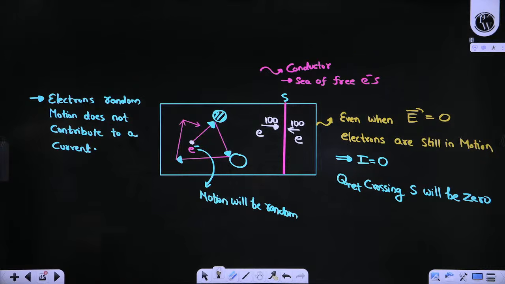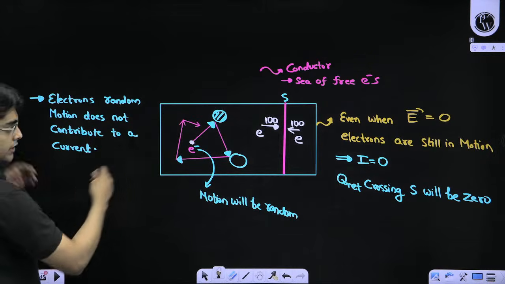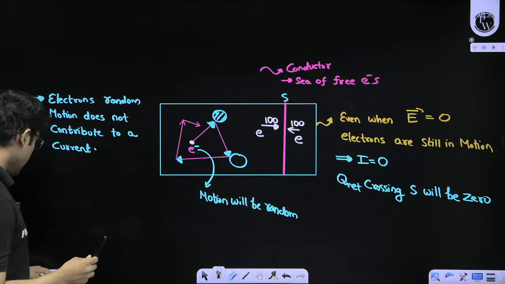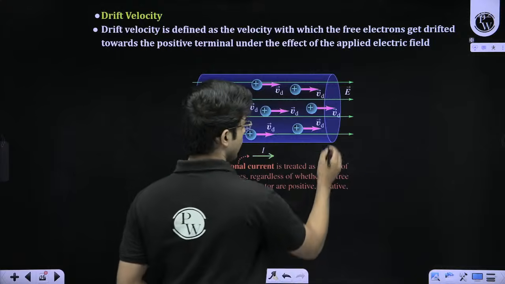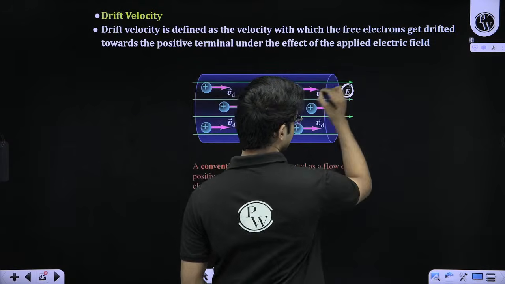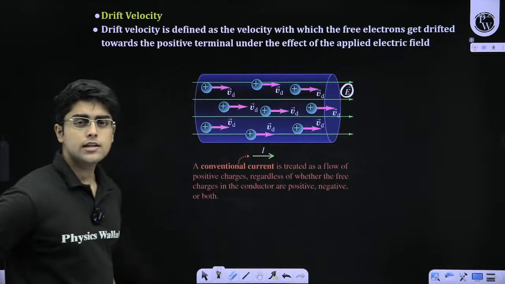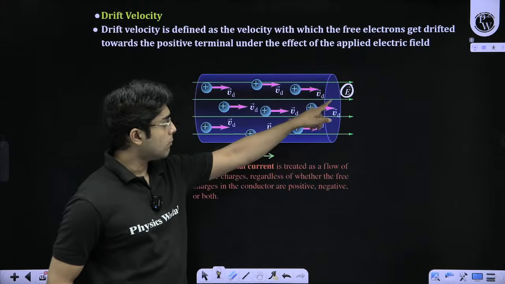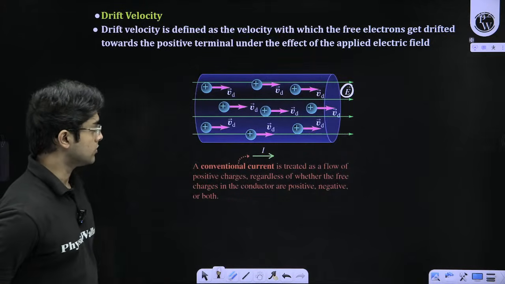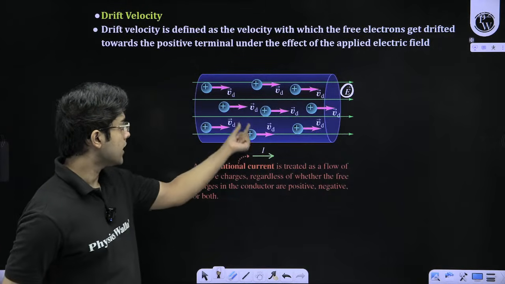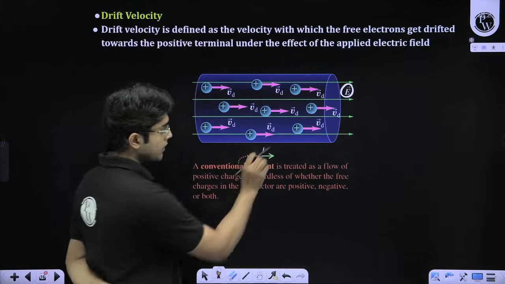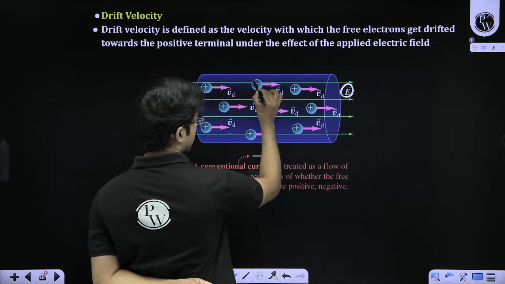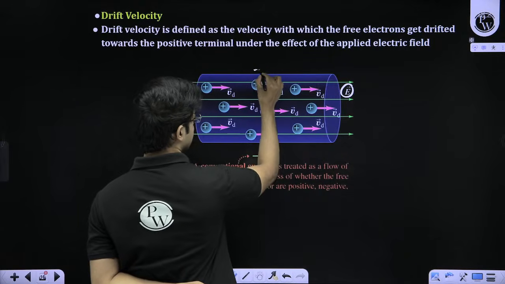Okay, so how do we create a current now, right? The answer is, we will apply an electric field. And what does an electric field do? An electric field will apply an electric force on the electrons. Or, like in this diagram, we're assuming the positive charges are moving, so the electric field will apply a force on the positive charges.